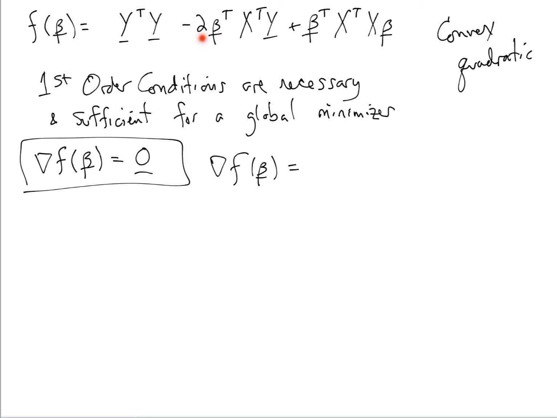Here, we have minus 2 beta transpose times this vector, which means the gradient for this term will be minus 2 times the vector multiplied by beta, which is X transpose Y. And here, we recognize this term as a quadratic form with coefficient matrix X transpose X, so the gradient from that term will be 2 X transpose X times beta.